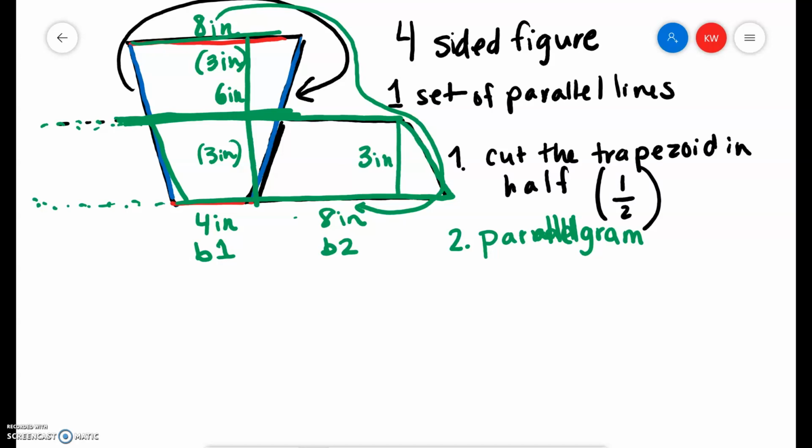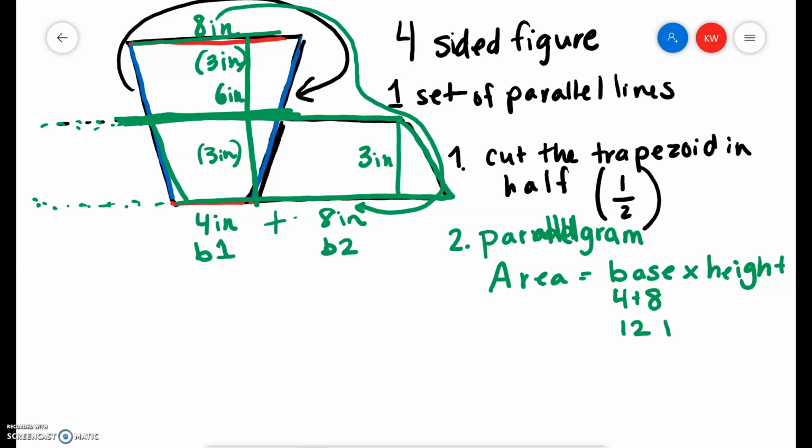I also know that the area of a parallelogram equals the base multiplied by its height. In this case, I already have this information. I have the base, which is base 1 plus base 2, and I know that 4 plus 8 is 12. And the height of this parallelogram is 3 inches.